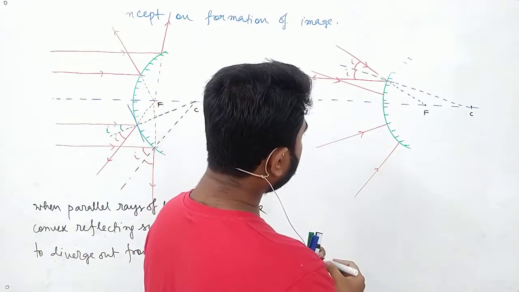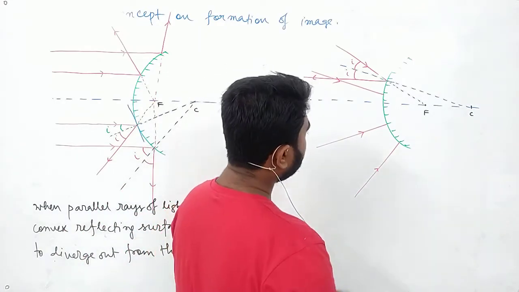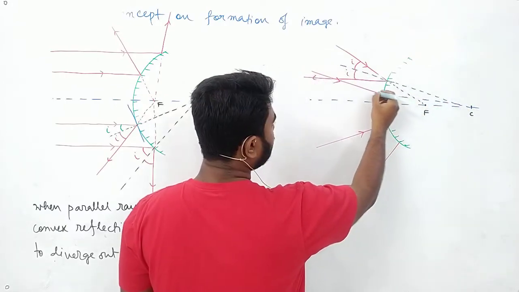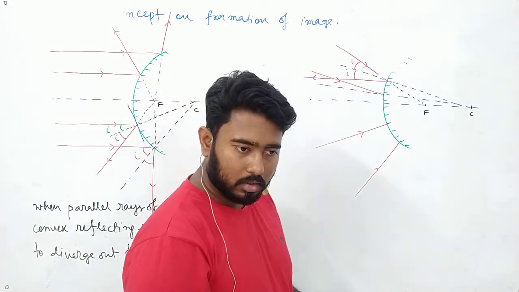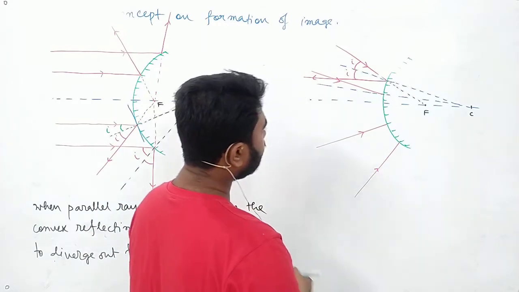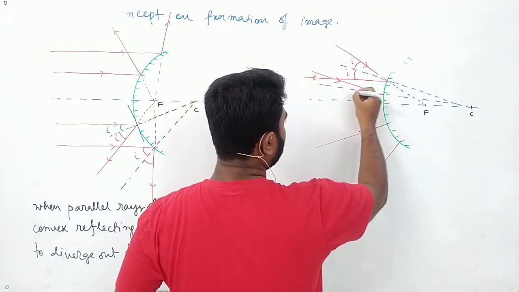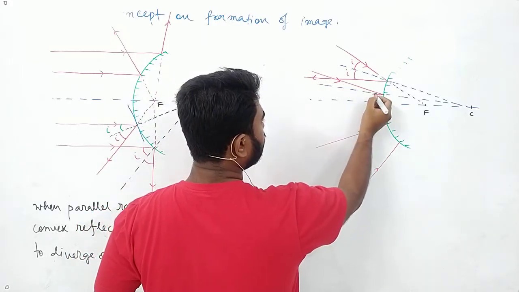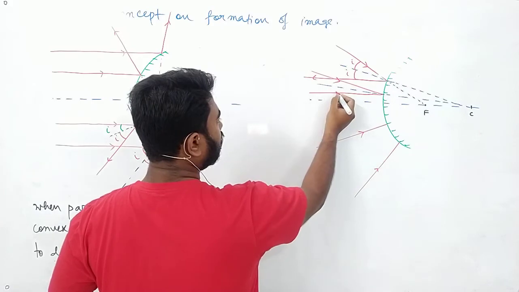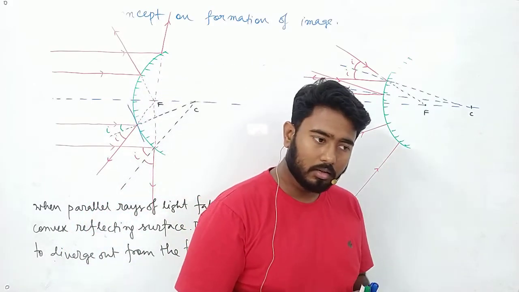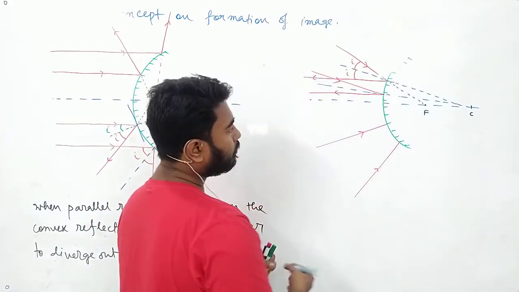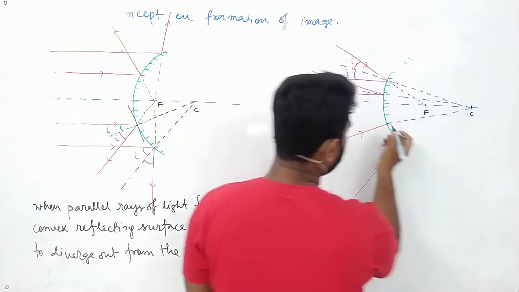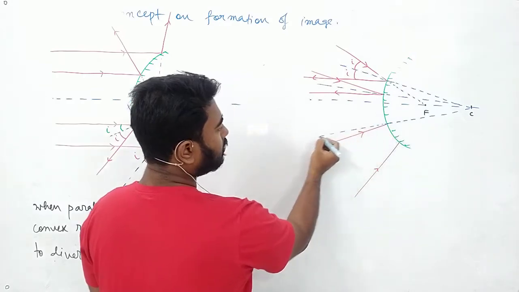Okay, now if this also happens, then what will happen? See, can we draw a normal like this? Right? Now this one also, after reflection, will move in this direction. Is the idea clear? Now, what will happen with the last case? Can we draw in this way?